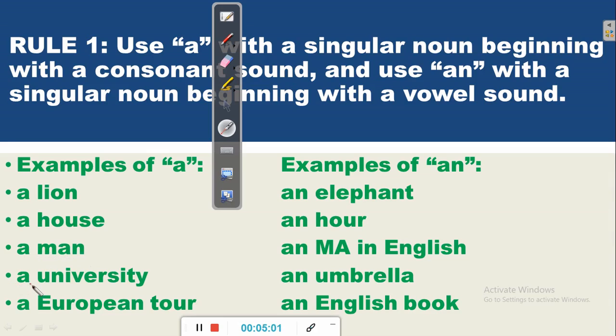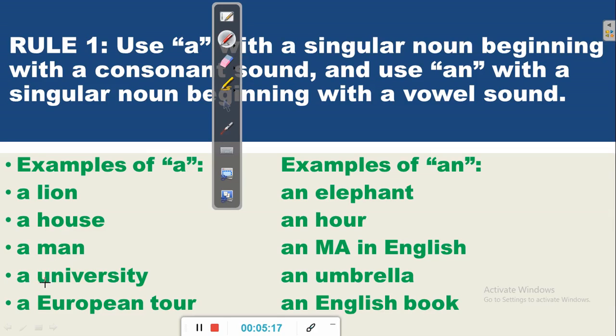Then a university. Of course, here you can see the clear discrepancy between English letters and English sound.